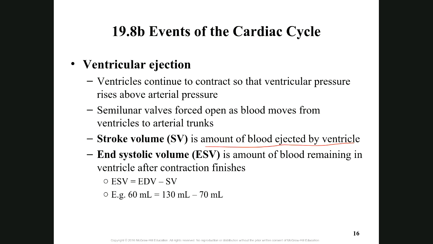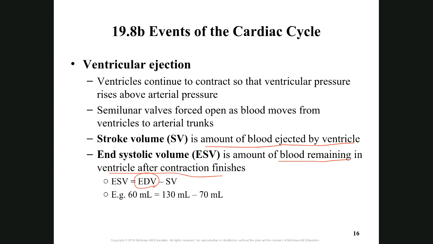The end diastolic volume is the amount of blood, and the end systolic volume is what remains in the ventricle after contraction. And you know the meaning of end diastolic volume. The end diastolic volume is the amount of blood which we have in the ventricle at the time of ventricular relaxation and atrial contraction.